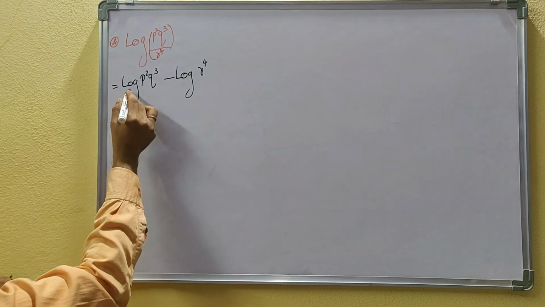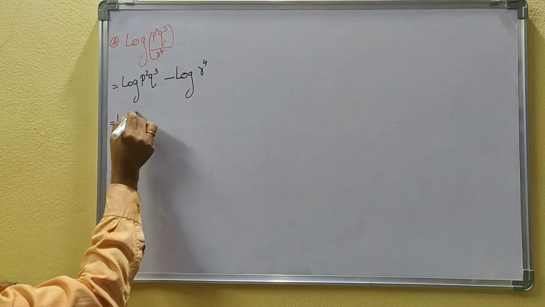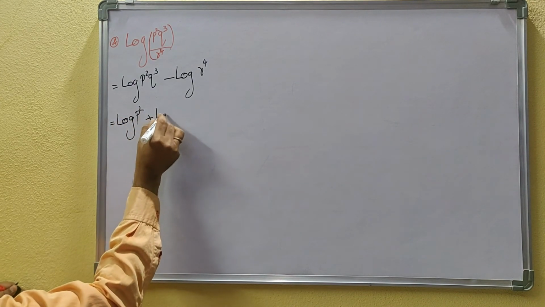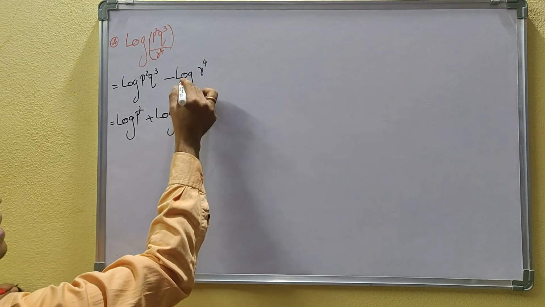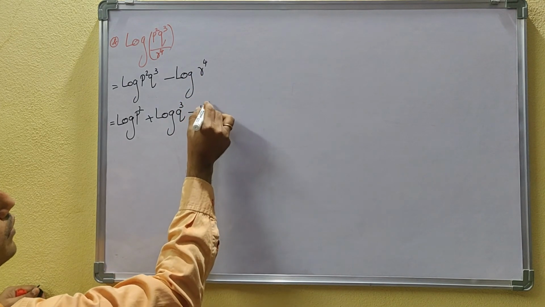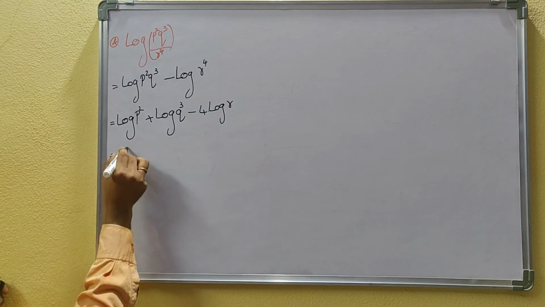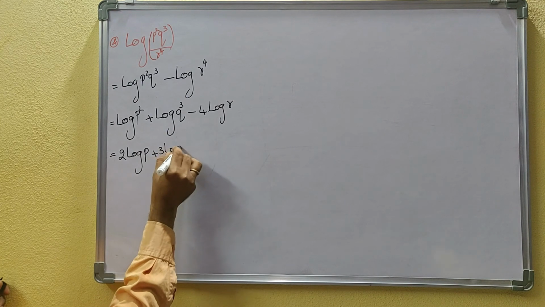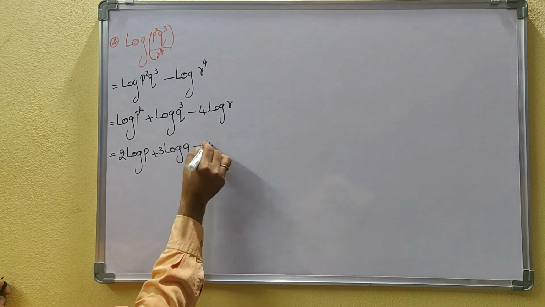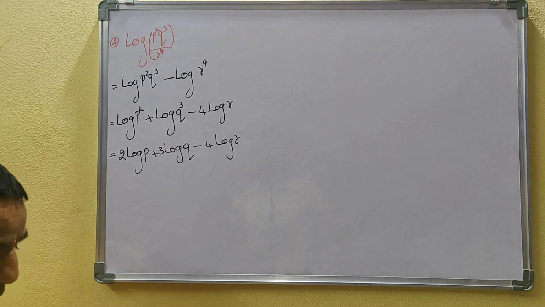Again log ab is equal to log a plus log b: log p square plus log q cube minus, here log a to the power of m, 4 into log r. So again it can be written as 2 into log p plus 3 into log q minus 4 into log r. This is the answer, fourth one answer.